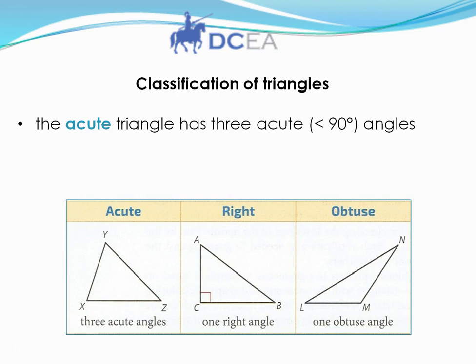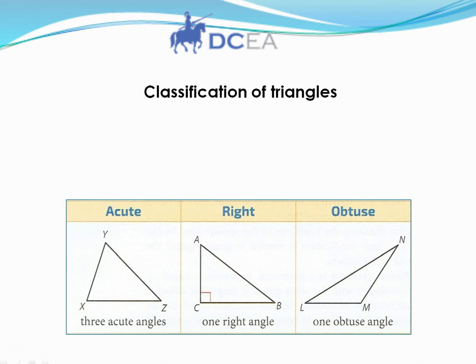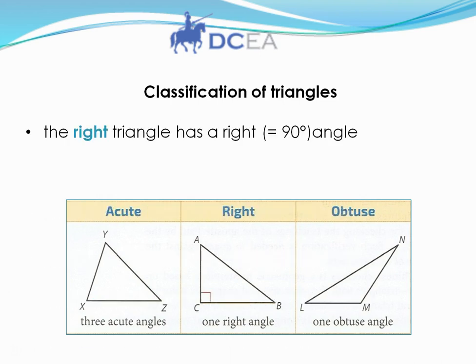The acute triangle has three acute, less than 90 degree angles. So, with this triangle, each angle will be less than 90 degrees. In the right triangle, there will be one right angle of 90 degrees.